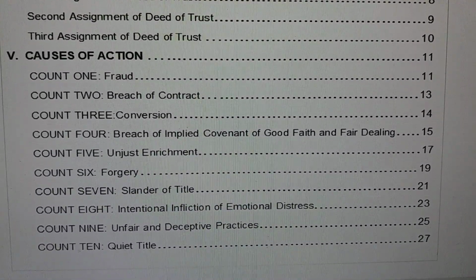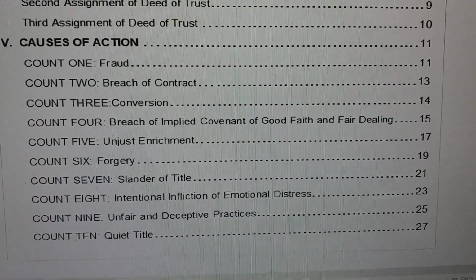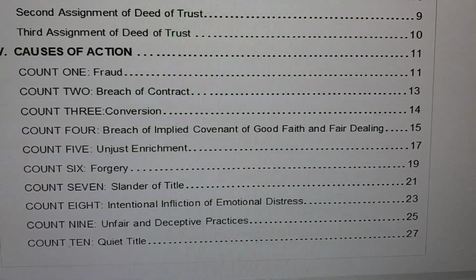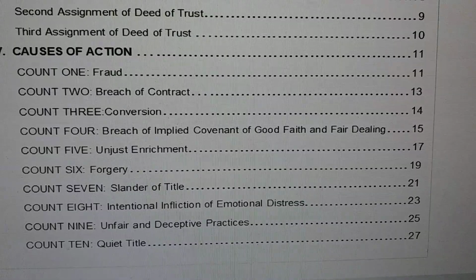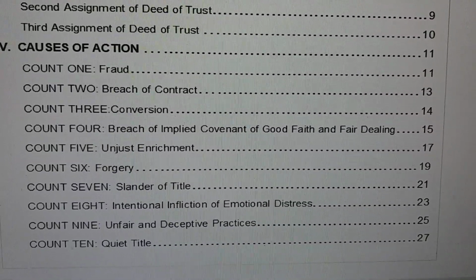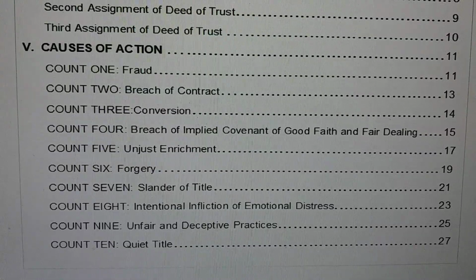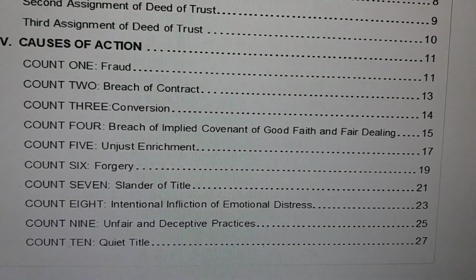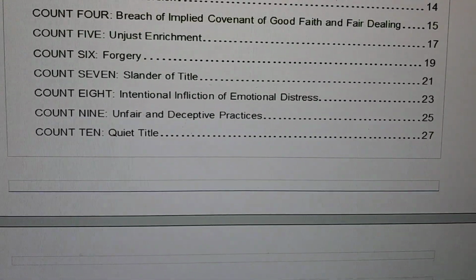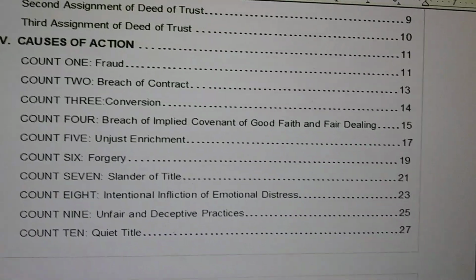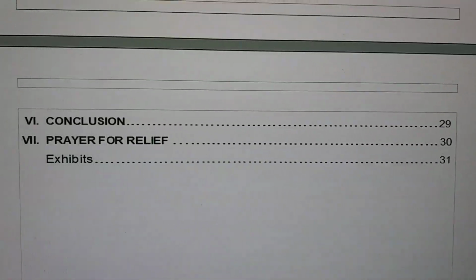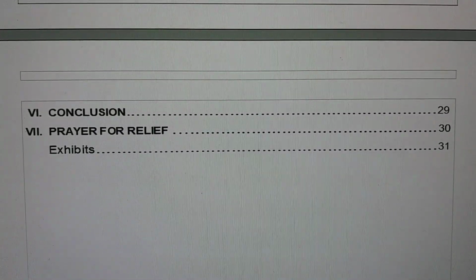You got fraud, breach of contract, conversion, breach of implied covenant of good faith and fair dealing, unjust enrichment, forgery, slander of title, intentional infliction of emotional distress, unfair and deceptive practices, and quiet title. And that's her table of contents, so you can get a good idea. And then you have your conclusion, prayer for relief, and exhibits there.